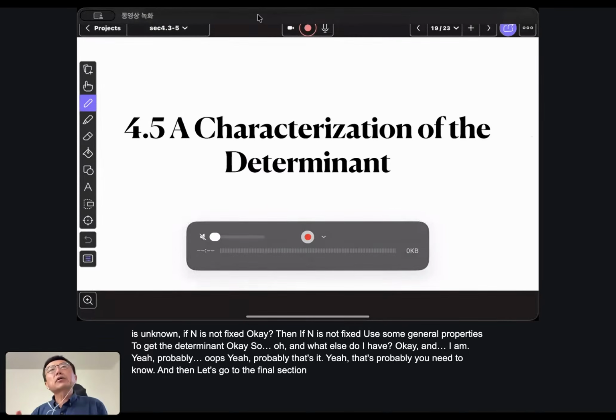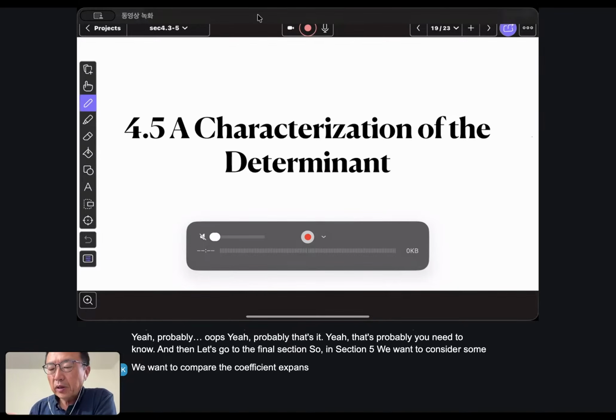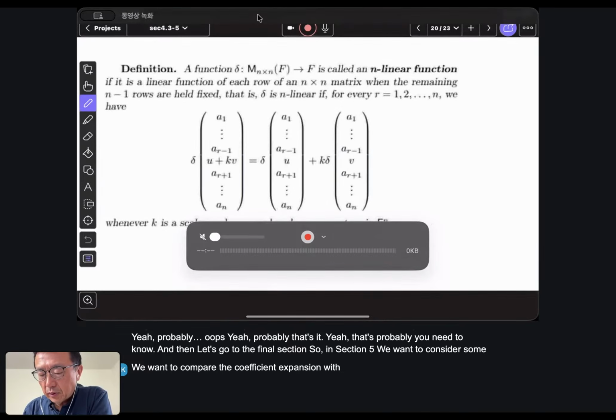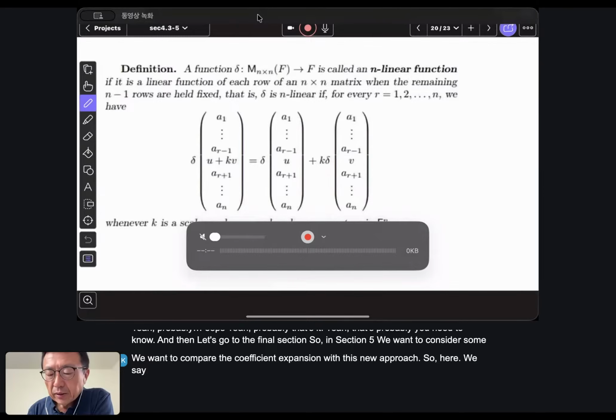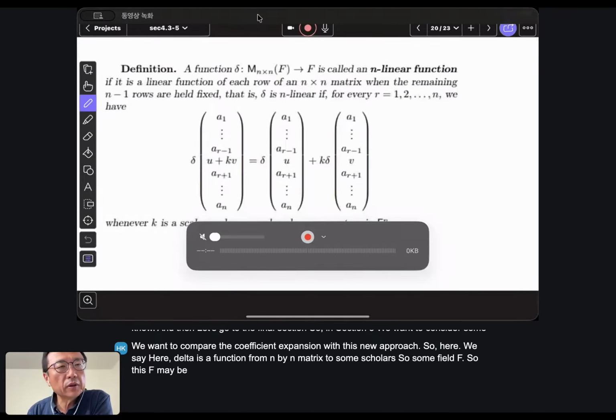So in section 5, we want to compare the cofactor expansion with this new approach. So here we say, here delta is a function from n by n matrices to some scalars, some field F. So this F may be the real or the complex numbers.